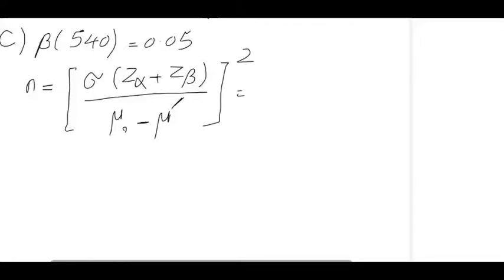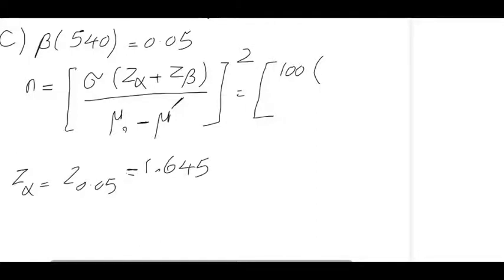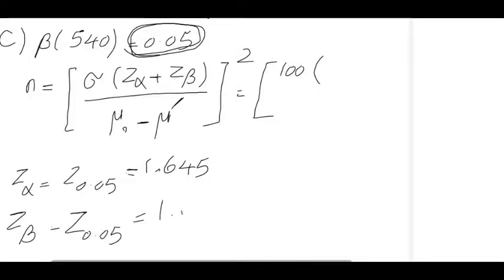So sigma is 100, z alpha is z 0.05, which is 1.645, z beta, again beta is equal to 0.05, so z 0.05 is 1.645.